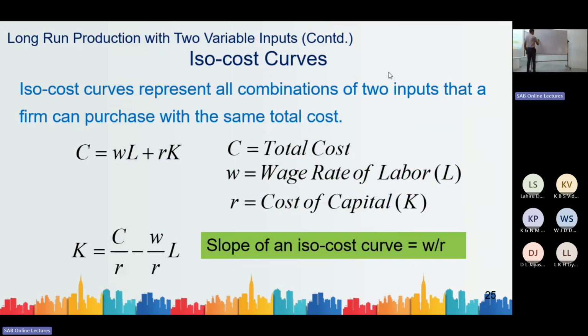The slope is minus 0.5. This is the maximum amount of capital that can be bought with the total budget. The slope is minus W over R, and this is the vertical intercept.